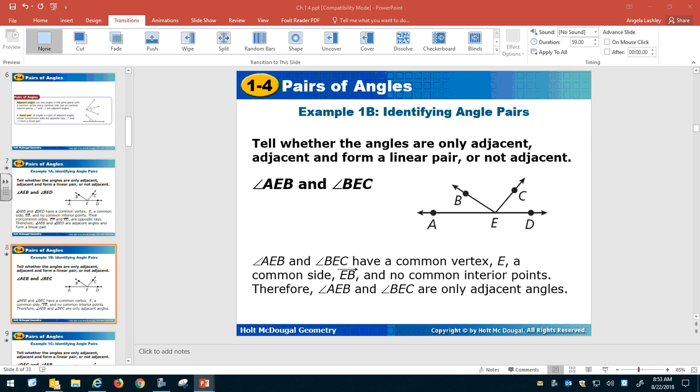Go ahead and see if you can try the next 2 at the top of your notes. Go left to right, do the next 2, make your decision, and then we'll check them.